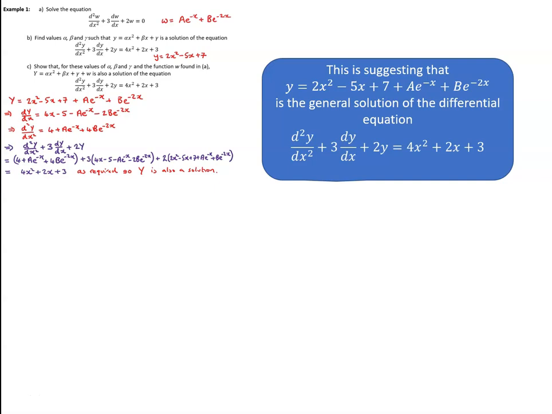The 2x squared minus 5x plus 7 is the special solution that we found in part B, and the ae to the minus x plus be to the minus 2x was the general solution of the differential equation where the right hand side had just been replaced by 0.